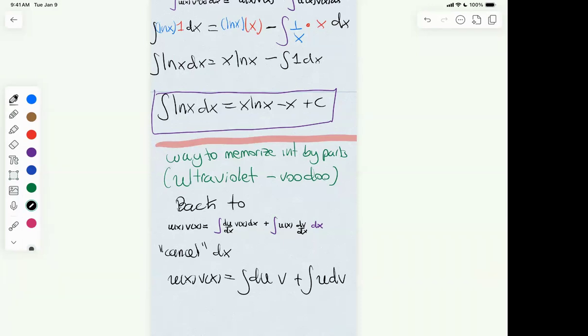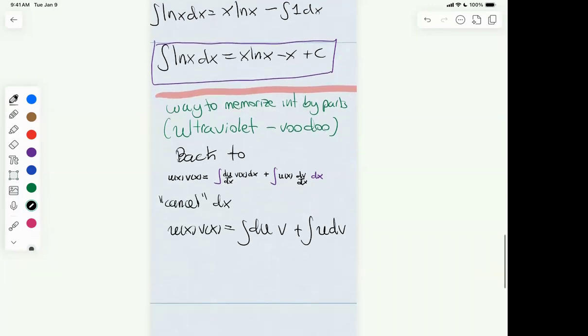So if you rewrite it this way, before we were solving for this quantity. The other way to write the integration by parts formula is to say that the integral of u dv is uv minus, and it looks weird to put the v first, so minus the integral of v du.